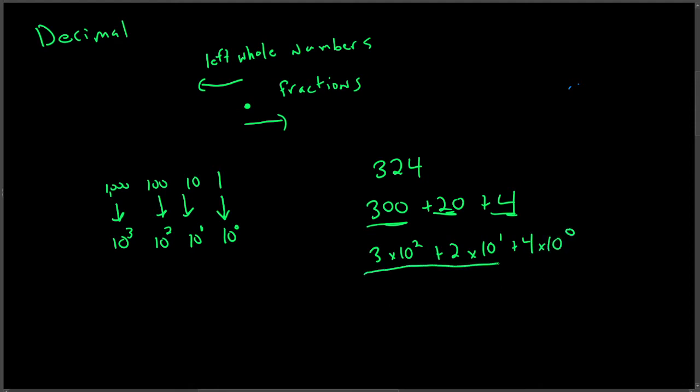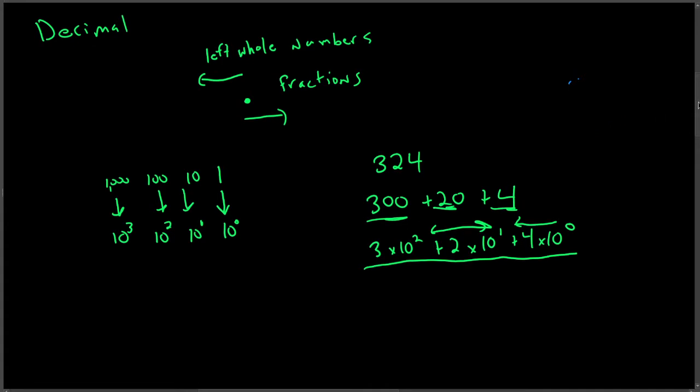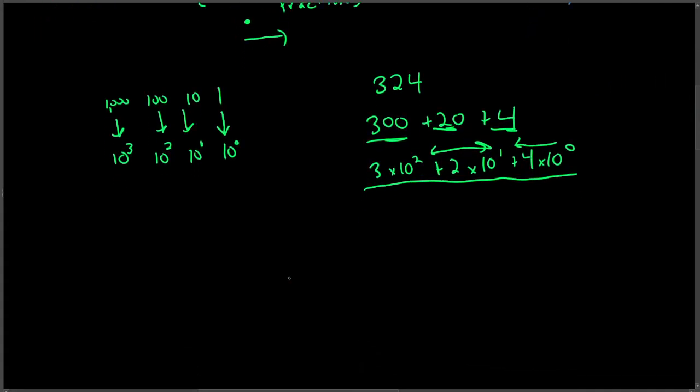And the thing to note is that the powers increase to the left and decrease to the right. And so we exploit that to make the decimal point.